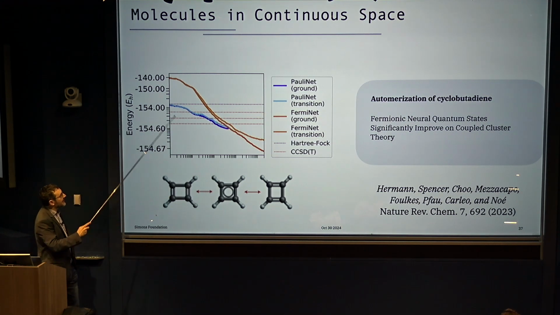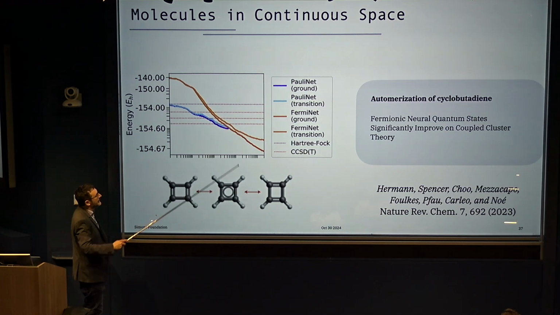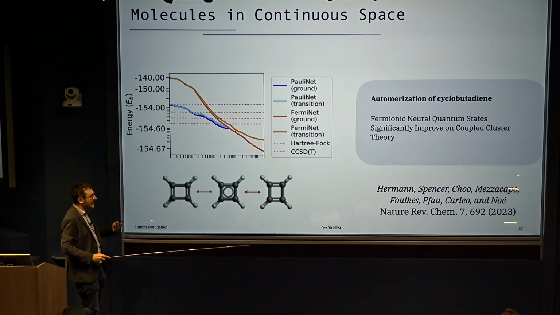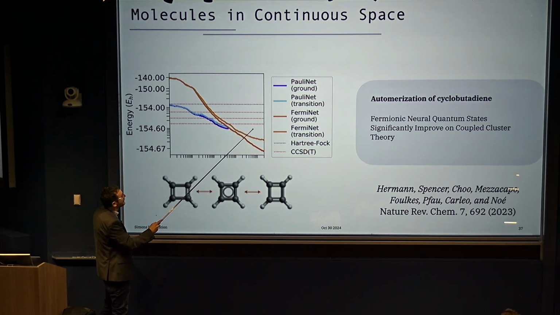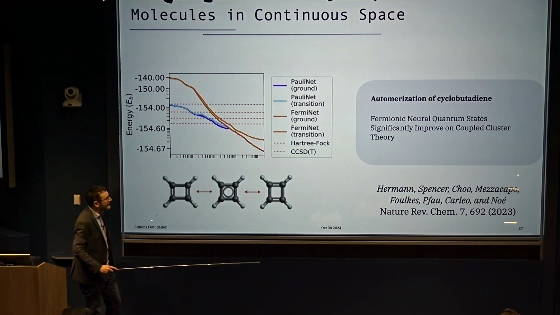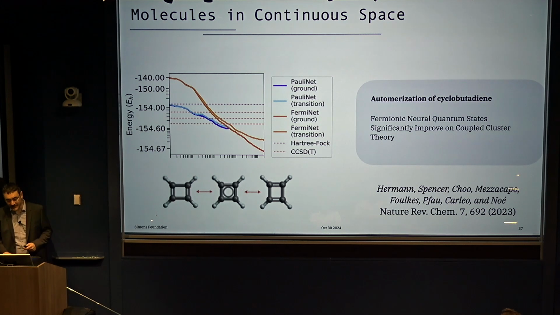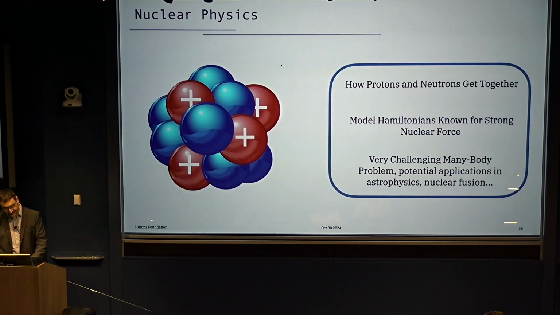In most cases, it has been found that you can find a consistent improvement over other approaches that chemists have developed over the past decades. For example, these coupled cluster energies that you can see here can be improved by these neural network predictions in the case of this molecule, cyclobutadiene. But there are many other cases where you can improve systematically over these existing predictions.